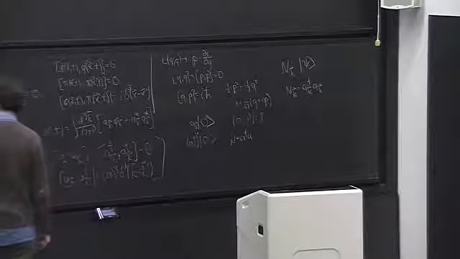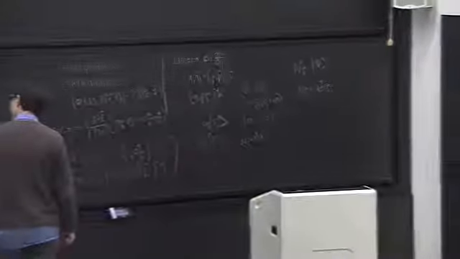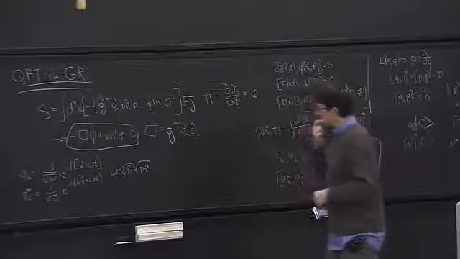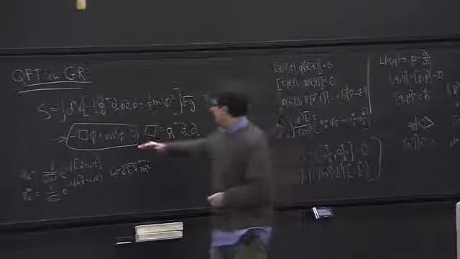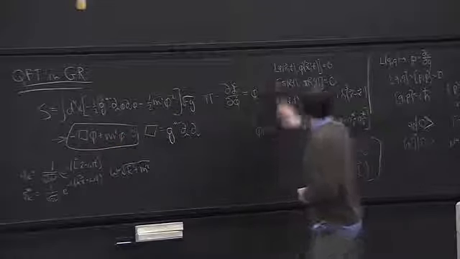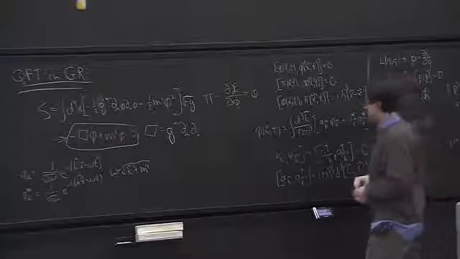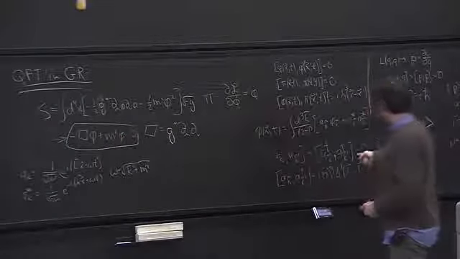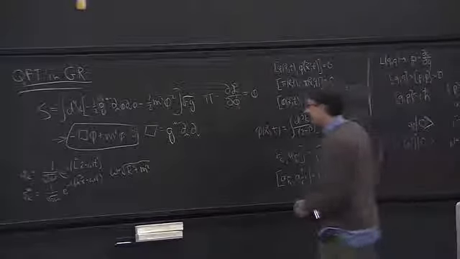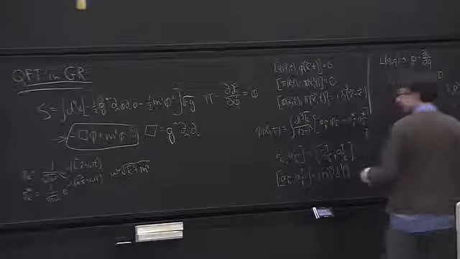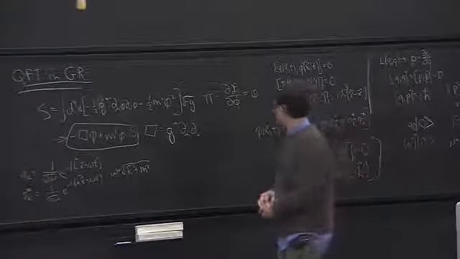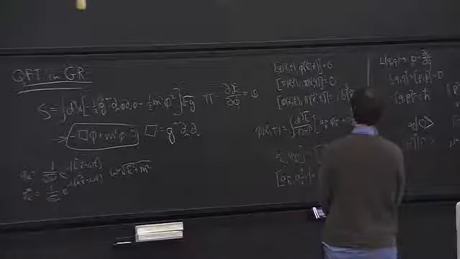It looks exactly the same way, except now this is the curved space wave operator. And the upshot is that, again, if we want to canonically quantize this system, we can again just do the same game where we expand the field like this.